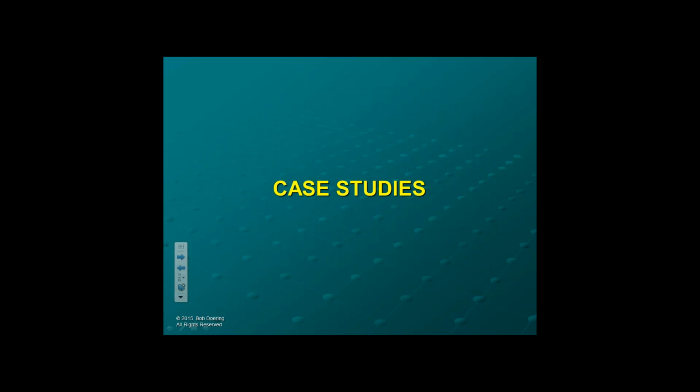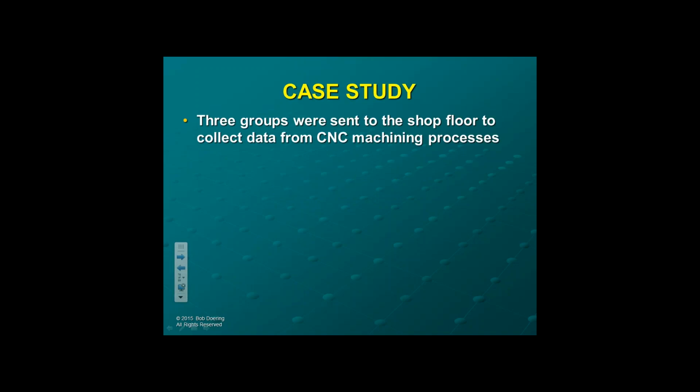So one of the things I want to go through is some case studies that compare the charting methodologies on the shop floor and show you why, if you use a Shewhart chart for precision machining, it actually tells you the opposite of what the condition of machining actually is. Three groups were sent out to the shop floor to collect data from CNC machining processes.